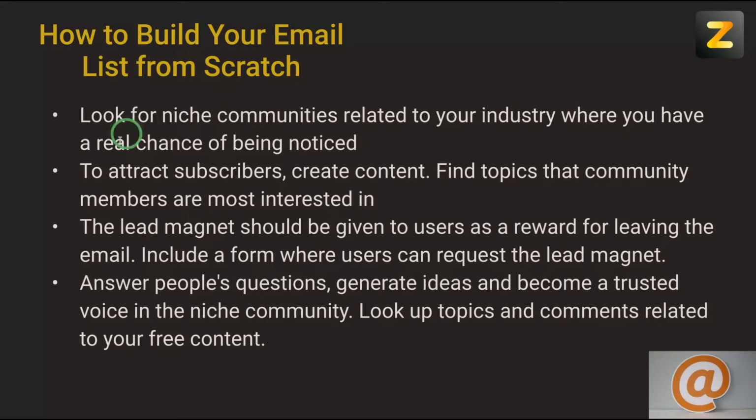Find topics that the community members are most interested in. If something is trending, for instance, you can use BuzzSumo to find trending topics. If it's trending about AI copywriting, the new tools to automate your writing process, start to create topics, start to post about that subject and provide more value to people.